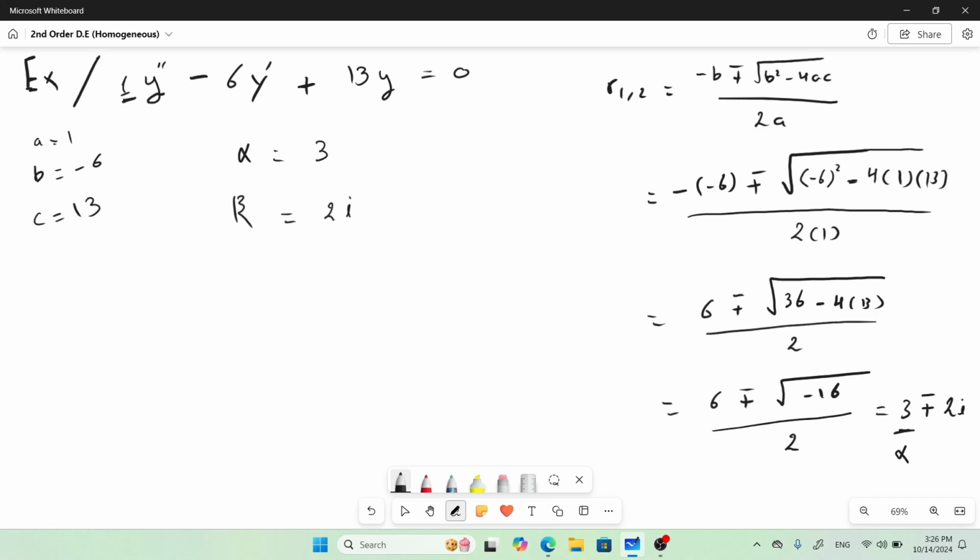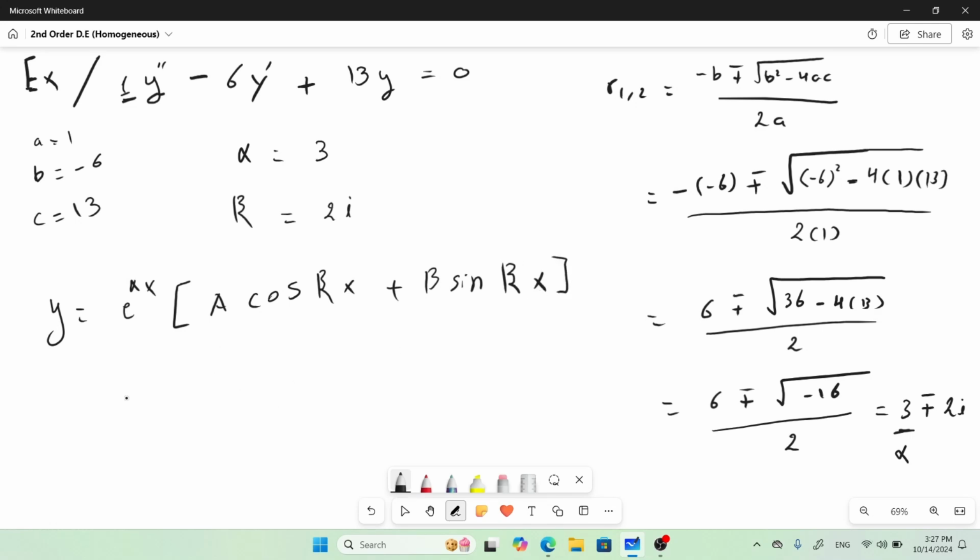Now, our general solution would be y is equal to exponential alpha x multiplied by a cosine beta x plus b sine beta x.